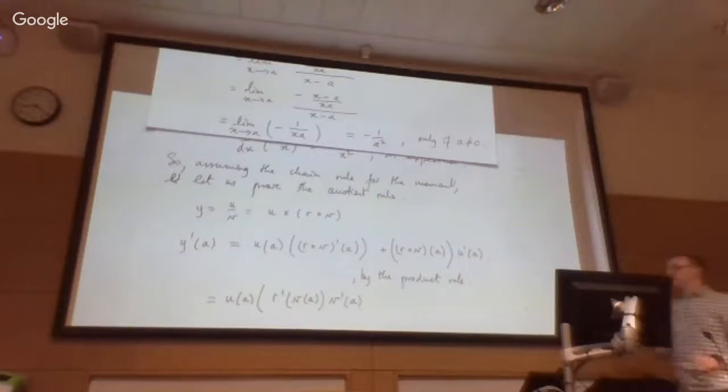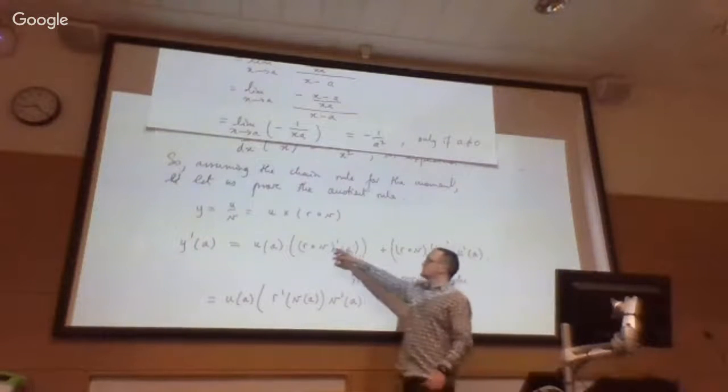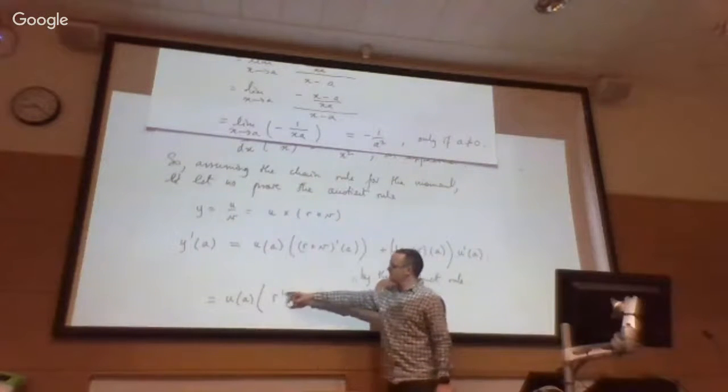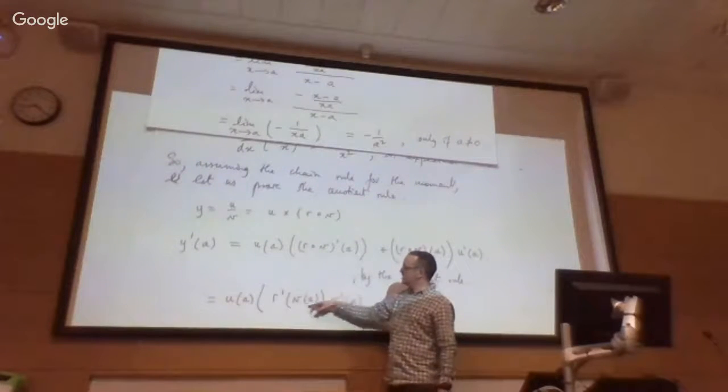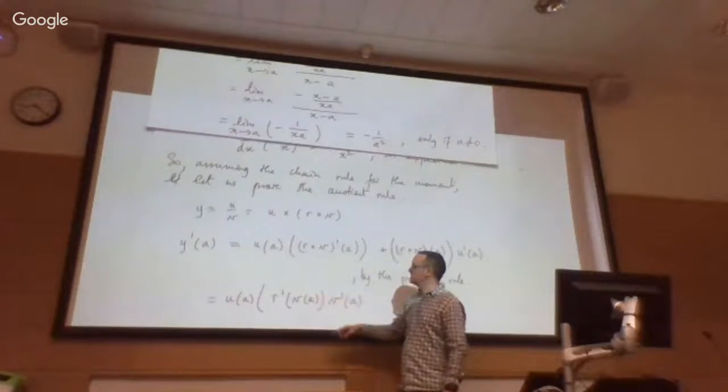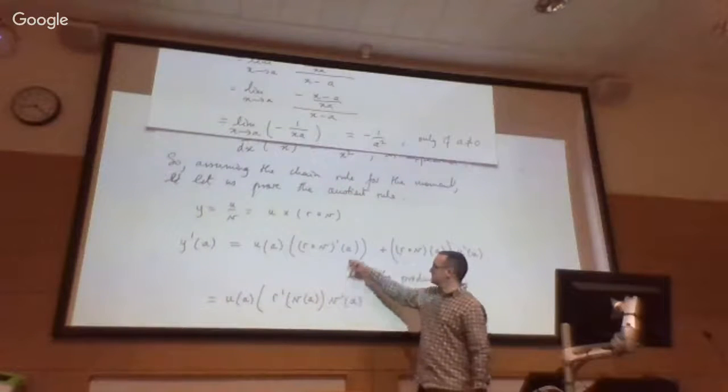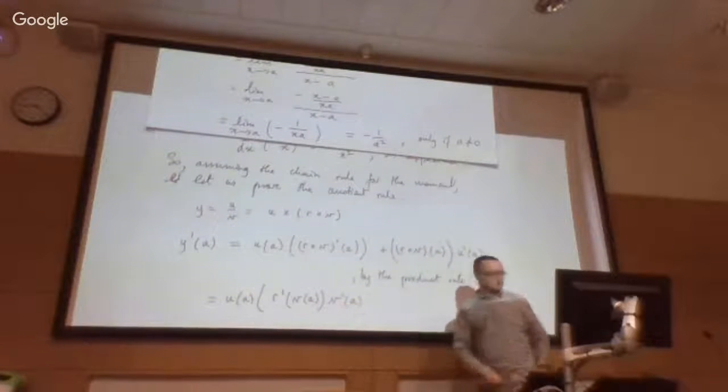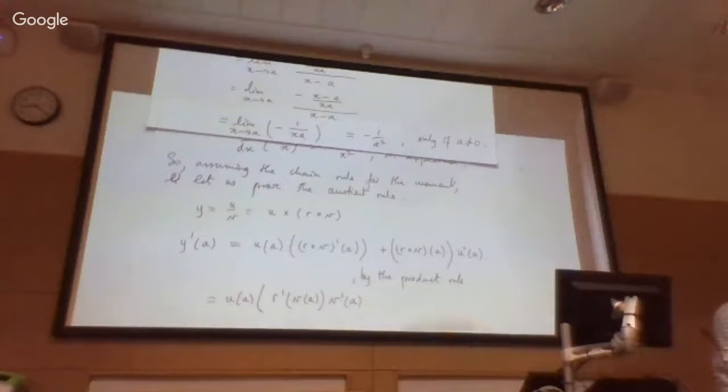So that's the application of the chain rule to this composition here. The derivative of the outer function evaluated at the normal argument v of a, multiplied by the derivative of the inner function v. There, and then I've still got this here, r after v at a, so that's by the chain rule.